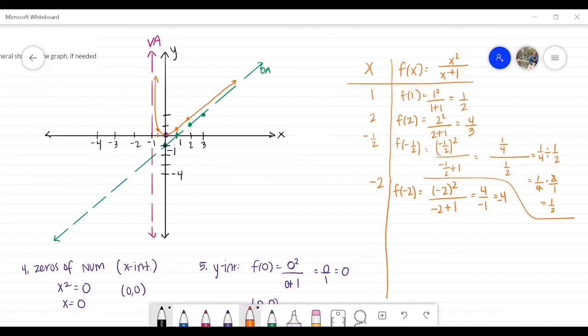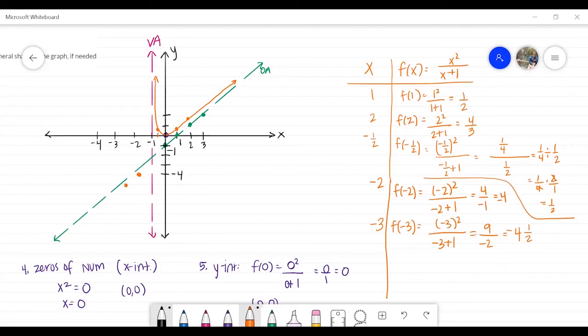It's pretty clearly below that green line, that green oblique asymptote. Let's plug in -3 just so we have a clear picture. -3 squared over -3 plus 1, that's 9 over -2, which is -4 1/2. So a little lower than that, but not dramatically.